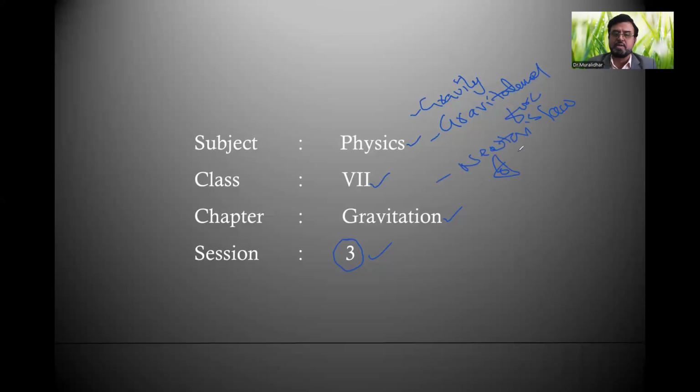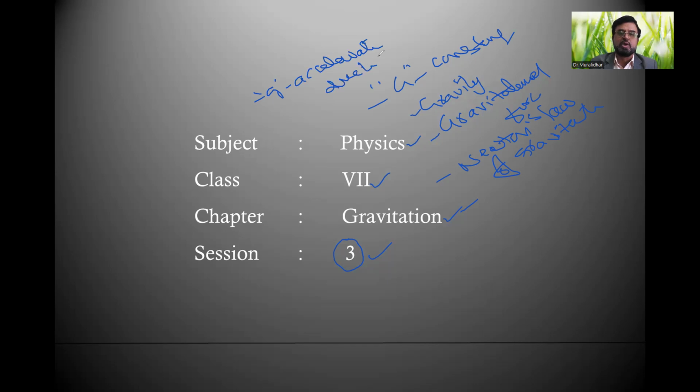Newton's law of gravitation, that is about G, the universal gravitational constant, which is obtained from Newton's gravitational law. Then we introduced even small g also, that is acceleration due to gravity. This we introduced in the last class, and today we are continuing where we left.